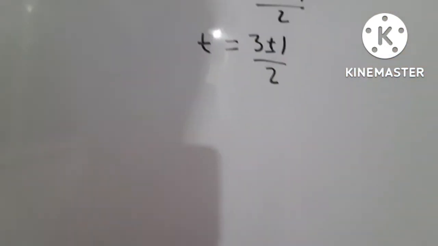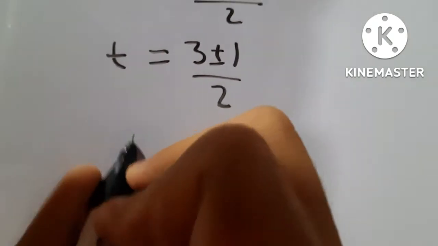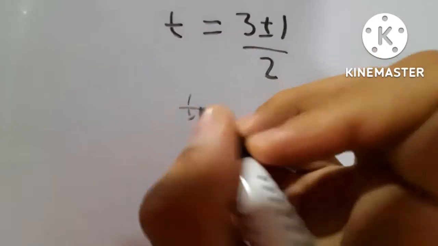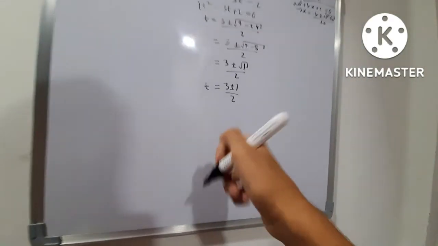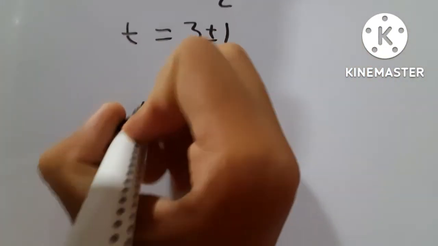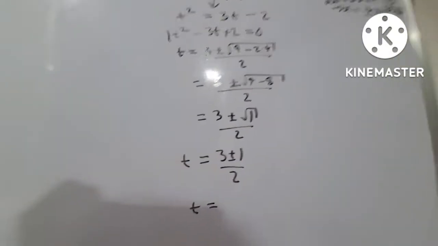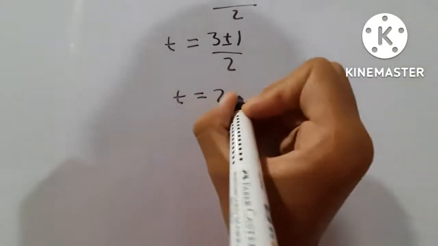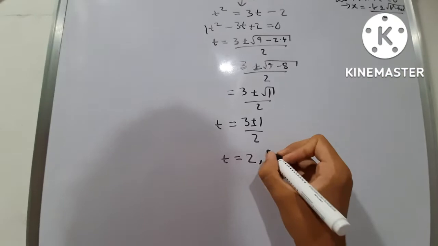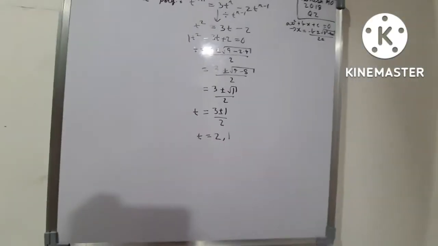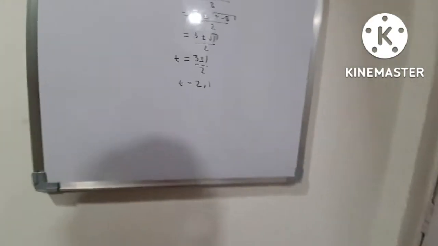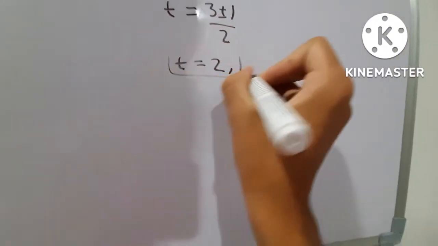Now we solve for t. So t is either (3 plus 1)/2, which is 2, or (3 minus 1)/2, which is 1. Hopefully you see where all that comes from. Those are the solutions to our characteristic polynomial.